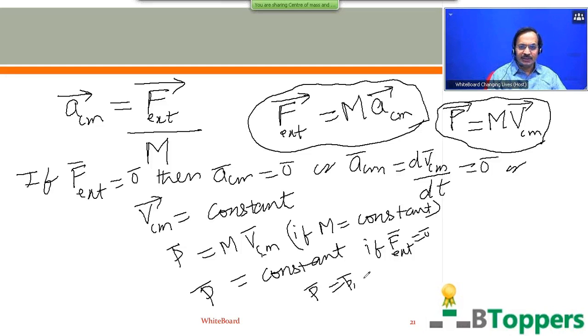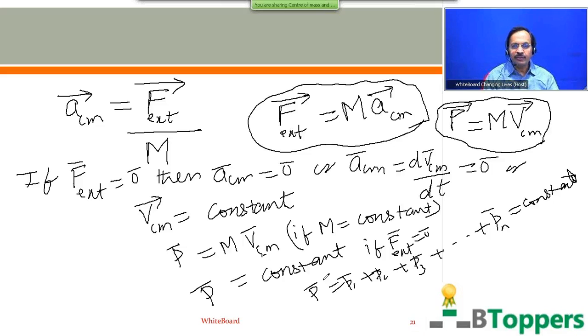That means the vector sum of the linear momentum of all the particles of the system remains constant both in magnitude and direction if the vector sum of all the external forces acting on the system becomes 0, and if the total mass of the system does not change with time. This we call the principle of conservation of linear momentum.